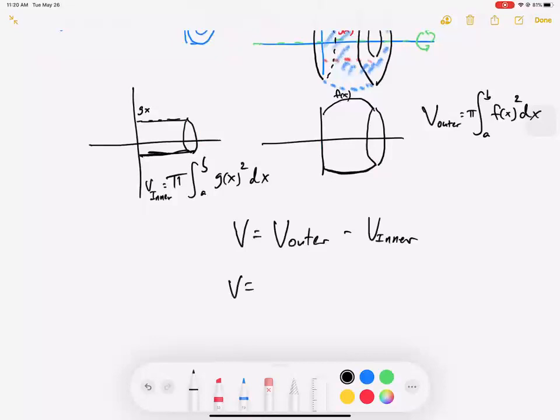So to write that together, the volume of the outer is pi integral from a to b of f of x squared dx minus pi integral a to b of, sorry, not f of x, the inner equation was g of x squared dx. So this is a very big picture.